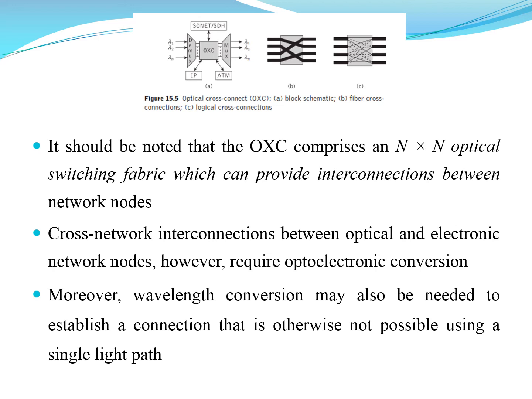Also, wavelength conversion may be needed to establish a connection here, or else it is not possible using a single light path. So we require a wavelength conversion process to be carried out here.